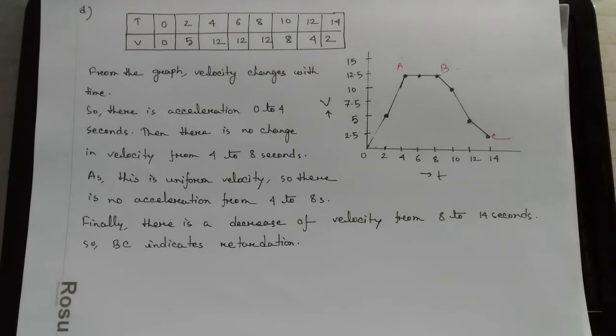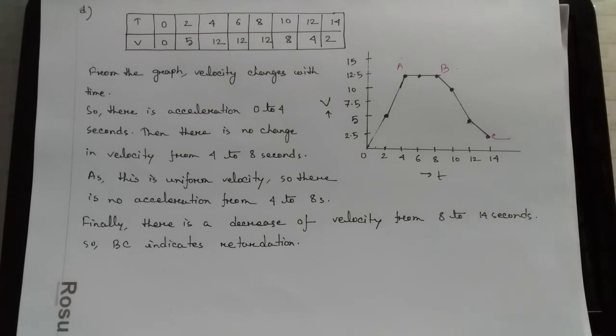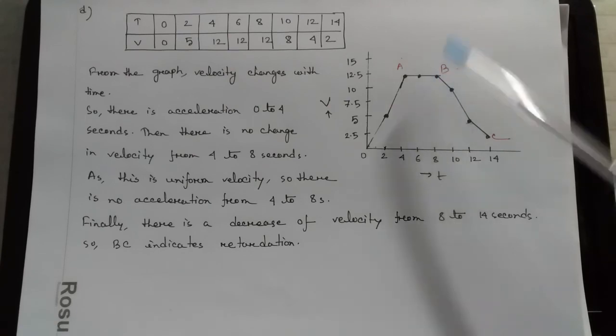As there is no change in velocity, within this region AB the car moves with uniform velocity.